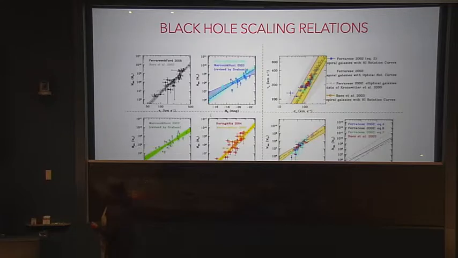The observed correlations all pertain to scales showing you the impact of the black hole on extremely large scales, right? So luckily, the amount of energy that the accreting black hole can supply to the galactic nucleus, if you look at the energy supplied from accretion, is about a few thousand times the binding energy of the bulge.